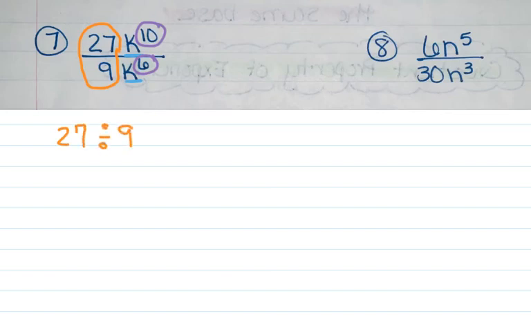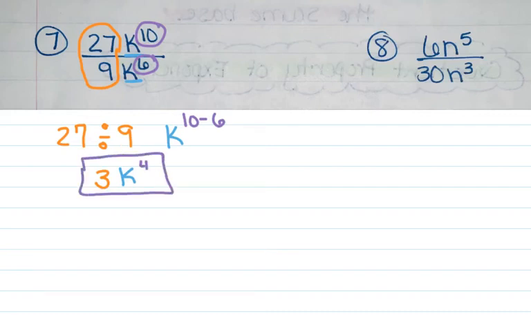And then I'm going to end up with k, and I subtract those exponents, so 10 minus 6. So 27 divided by 9 is 3, so I get 3k, and then 10 minus 6 is 4. So this one simplifies to 3k raised to the 4th power.